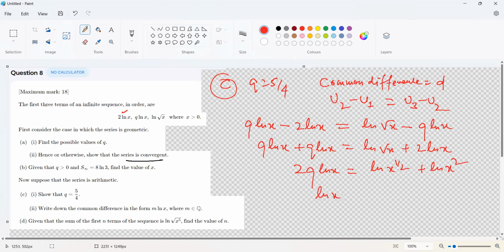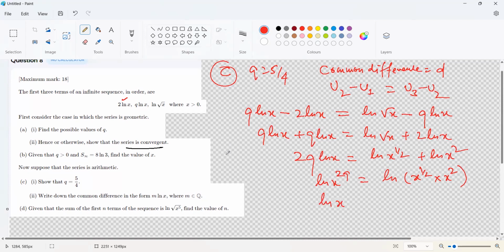So this ln x is equal to 2q, because that power comes in front of the x, and this is ln x to the power 1 by 2 times x raised to the power 2.